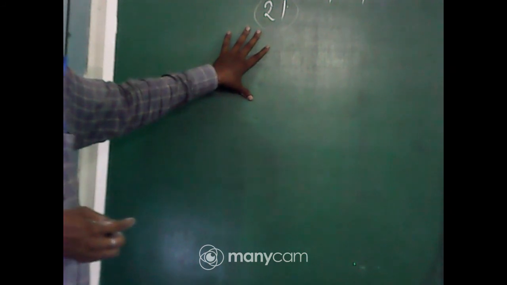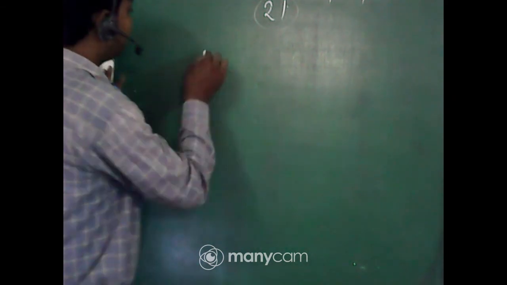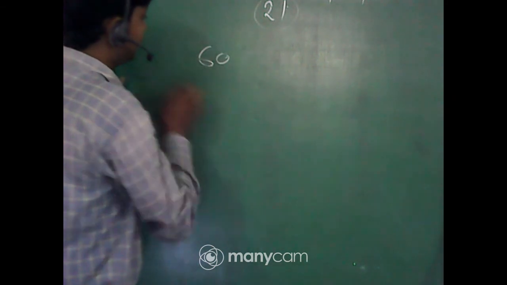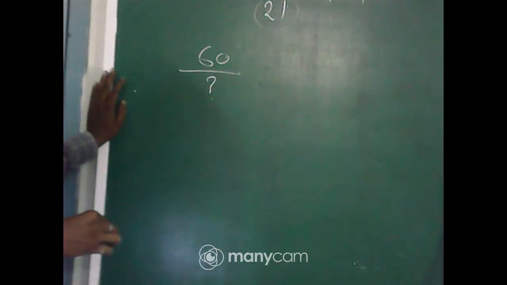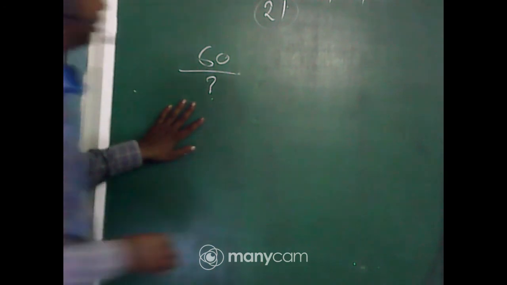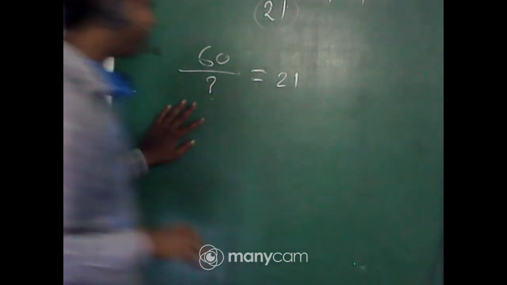Then you calculate, suppose the individual has 60 kg weight, so 60 divided by height squared equal to 21.